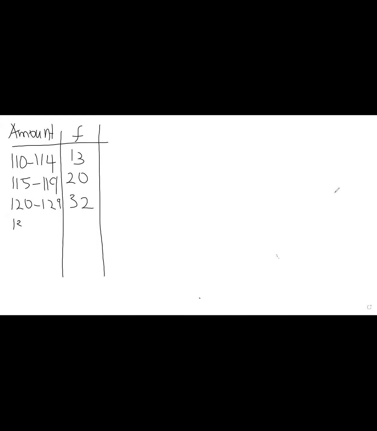Then they go back to 130 to 134. Another smaller class. Then 135, check this class, to 144. This is a bigger class. And finally, 145 to 159. And this is 12. So this is the work from what your friend read.